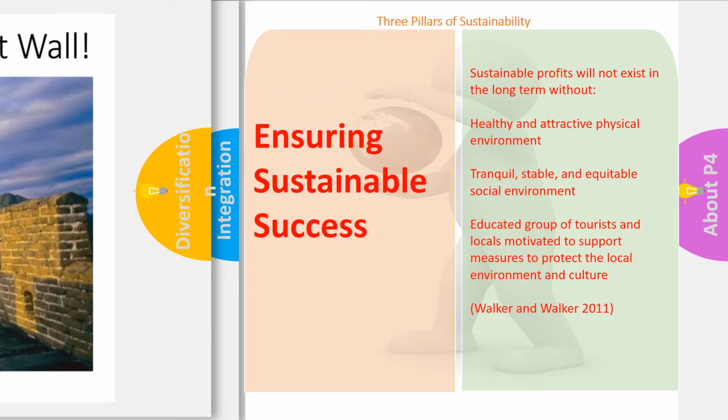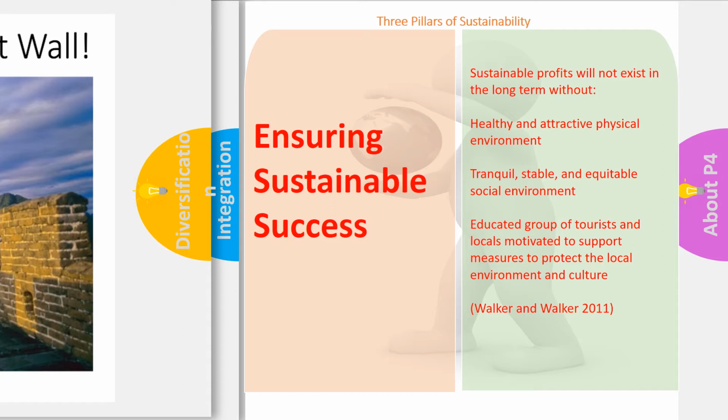Ensuring sustainable success. What we're talking about is, sustainable profits will not exist in the long term without a healthy and attractive physical environment, a tranquil, stable, equitable social environment, and an educated group of tourists and locals motivated to support measures to protect the local environment and culture.